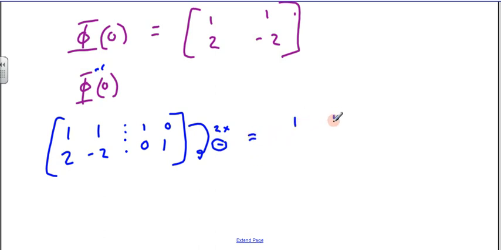So I got 1, 1, 1, 0. 2 times that is 2, subtract it from minus 2 is going to be minus 4. 2 times that is 2, subtract it from 0, minus 2, 1.